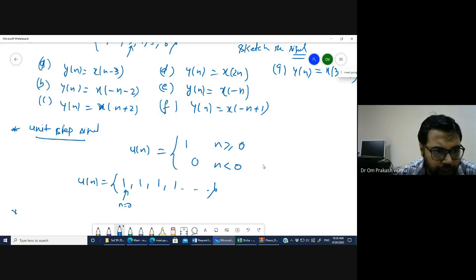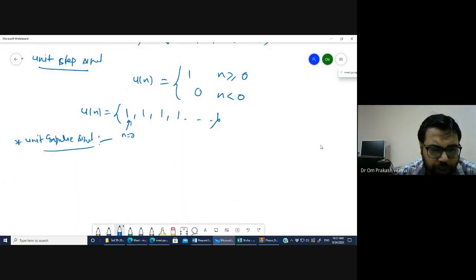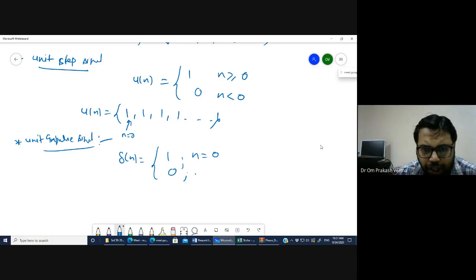Now take the unit impulse signal. We have already discussed this in the continuous time signal in more detail, so I'm just introducing it by definition. Delta[n] is 1 at n equal to 0, otherwise 0 for n not equal to 0. How will it be represented?